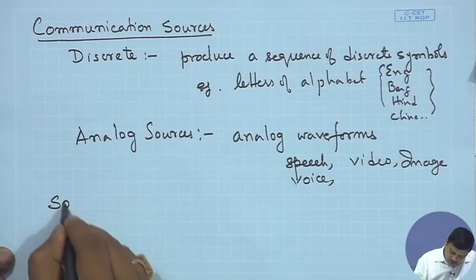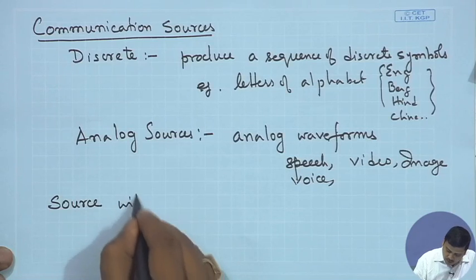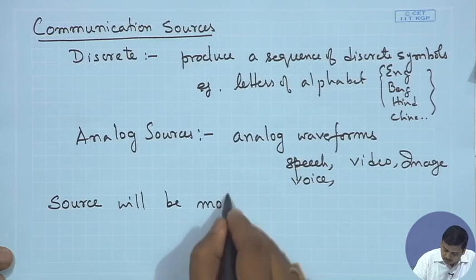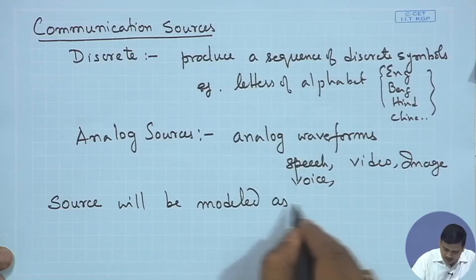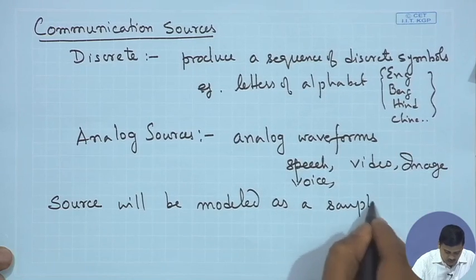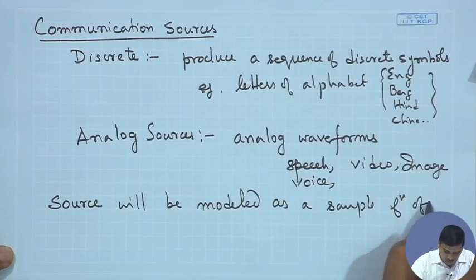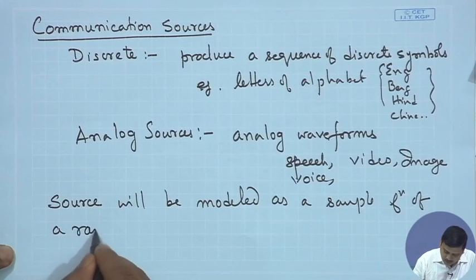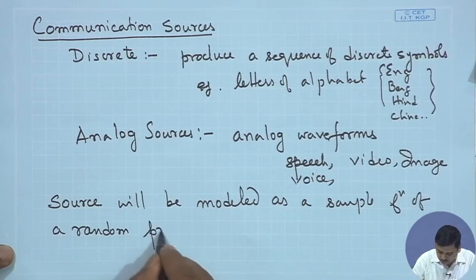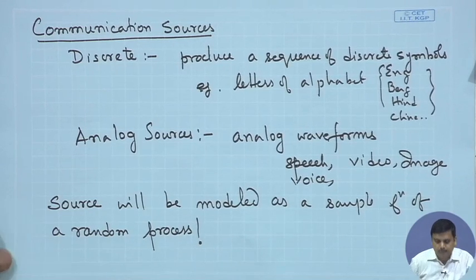Okay, and now if you look at this, what we have with us is the source will be modeled as a sample function of a random process. This is important to know, because if it is analog, what kind of waveform is going to come, we don't know. If it's image, what kind of image, we don't know.